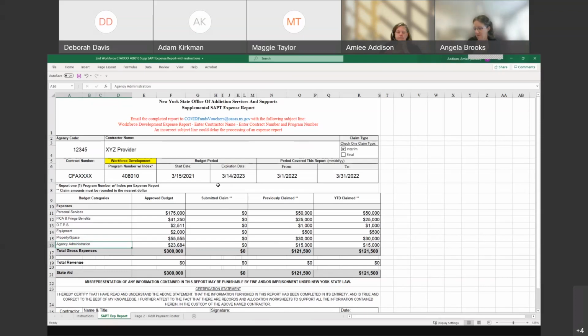Although we don't want them more than once a month, we definitely don't want to wait 6 months or even a year. So hopefully you can get a good frequency that works for you. That also helps us reimburse you and continue the cash flow.